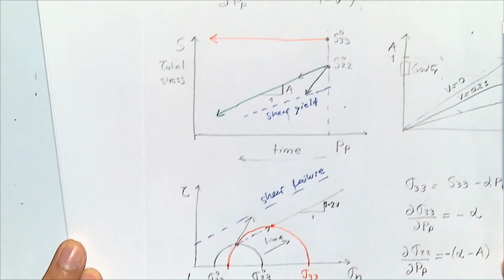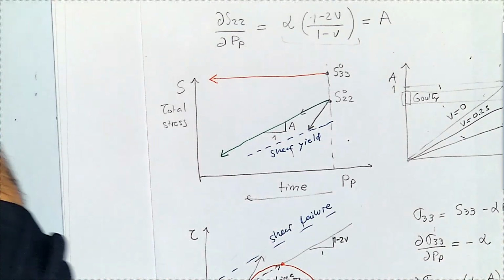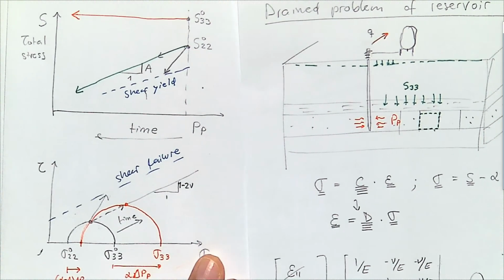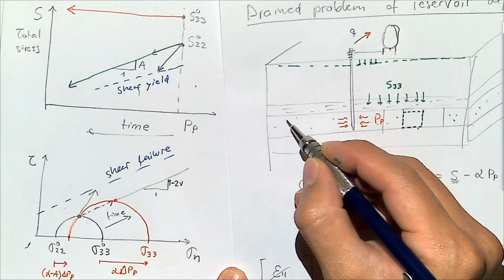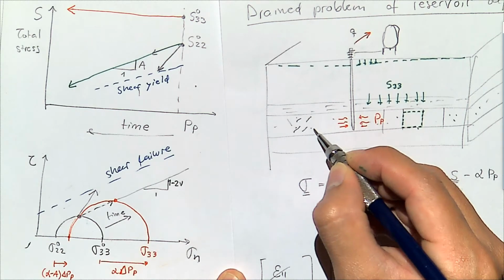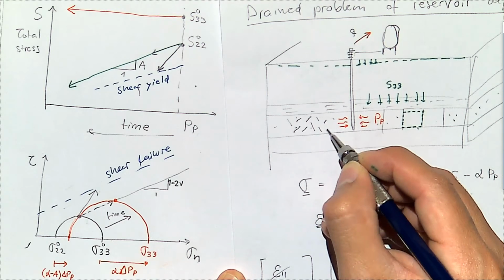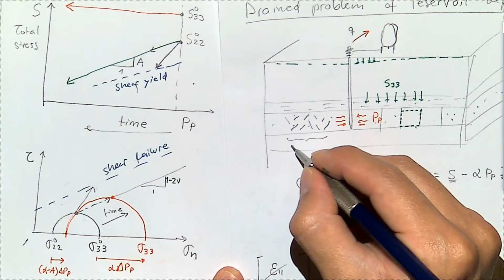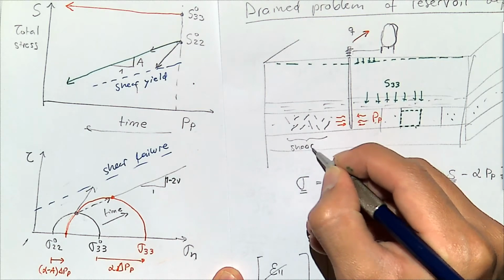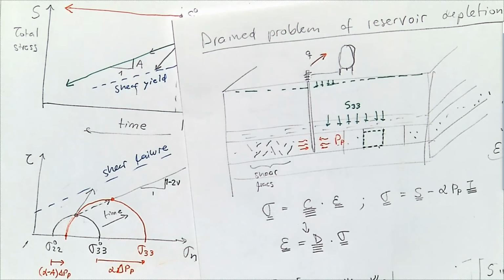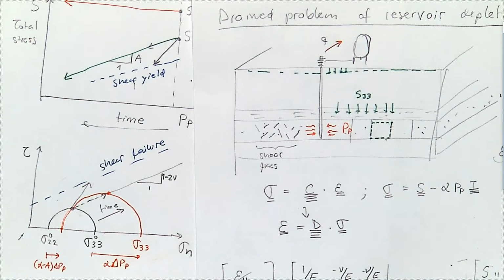So what does that mean? It means that if we were to hit the shear failure line inside our reservoir, you will create shear fractures inside the reservoir. That's one of the consequences of this analysis.